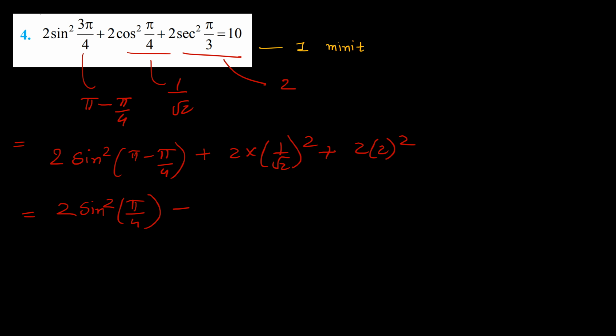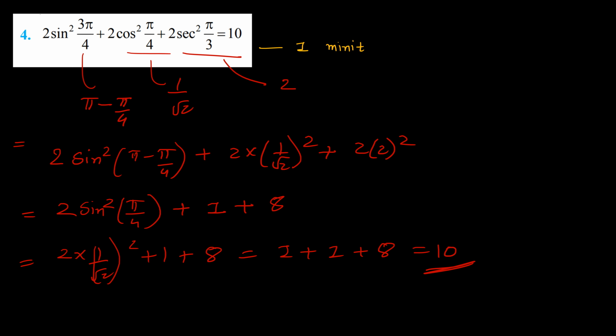So 2 into 1 upon root 2 square, plus 1, plus 8. That means 1 plus 1 plus 8, that means 10. So we get the output. Let's move on to the next question.